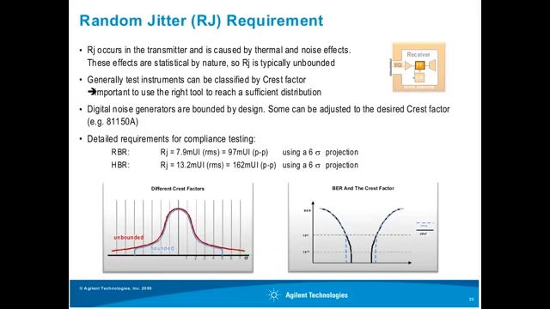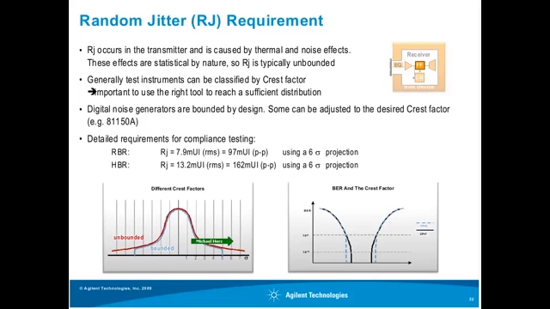This is important to understand when testing towards a certain bit error ratio, because if you test for a certain time and you have bounded random jitter, you won't see any more events. However, if you have an unbounded Gaussian distribution, you will see more rare events. And I have a screenshot on that on the next page, and I think that will explain it a little more in detail.